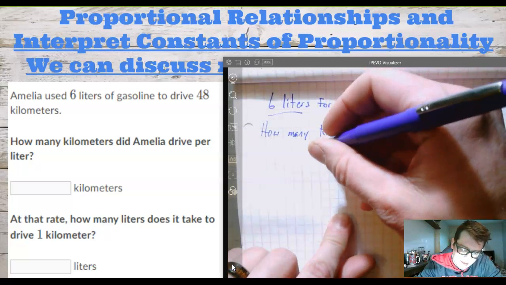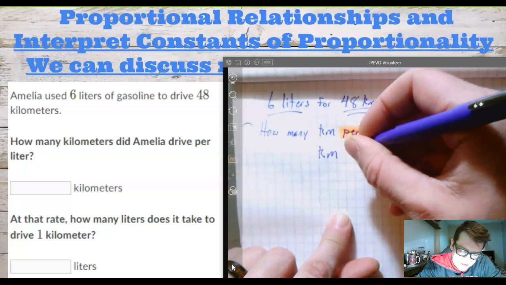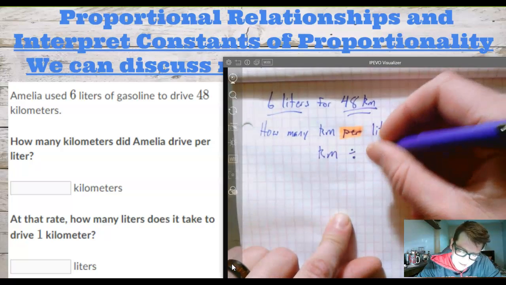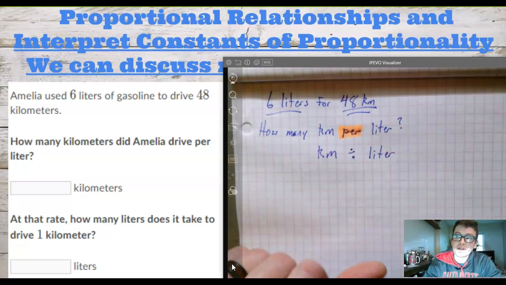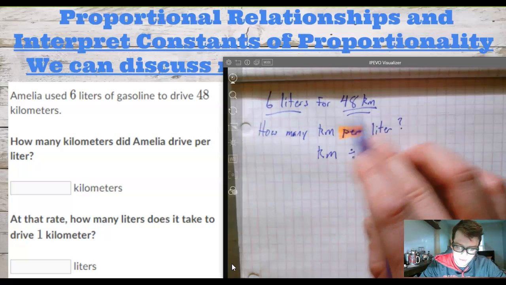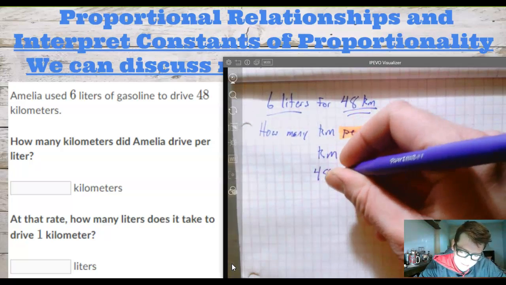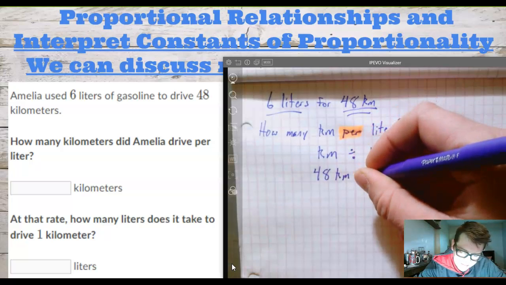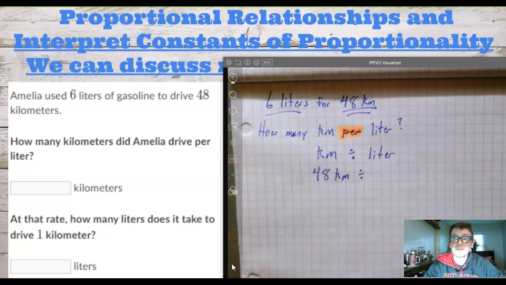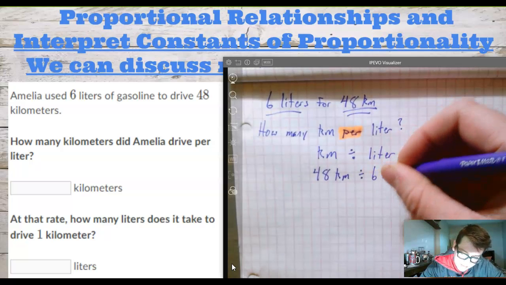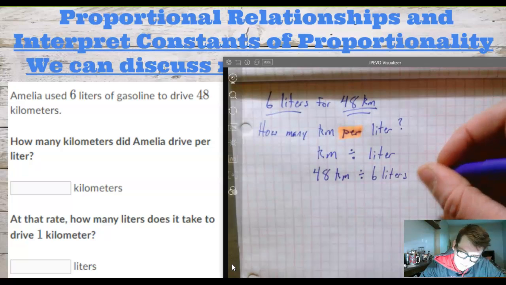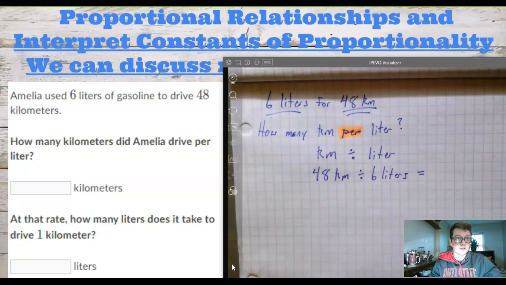So when they ask us how many kilometers per liter, what they want us to set up is the number of kilometers divided by the number of liters. So we need to fill in the numbers. Okay, well, how many kilometers? 48 kilometers divided by how many liters? 6 liters. And literally grab your calculator because it's telling us to divide.